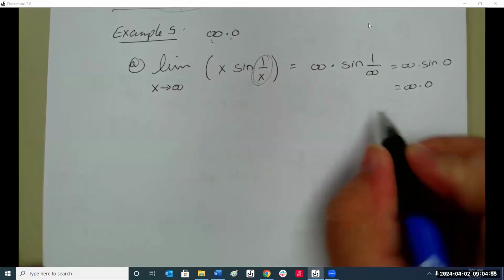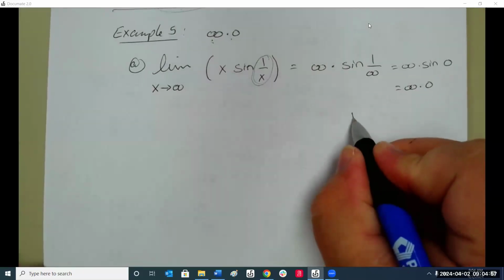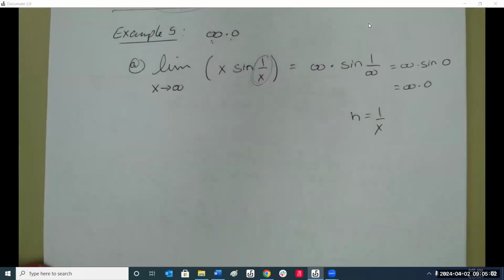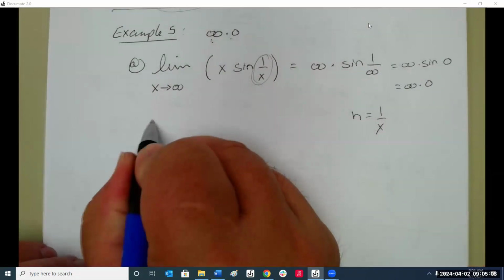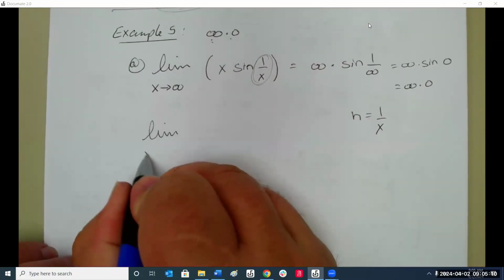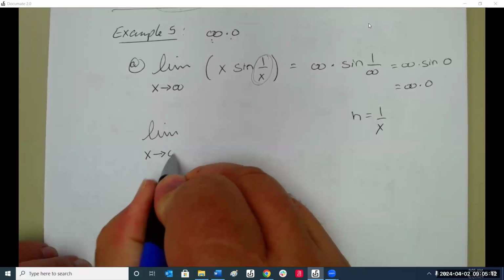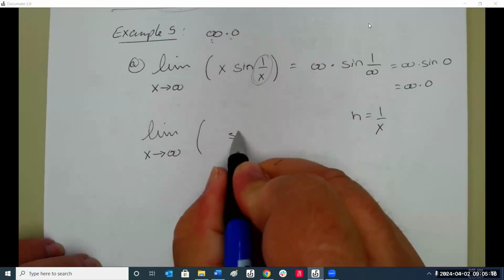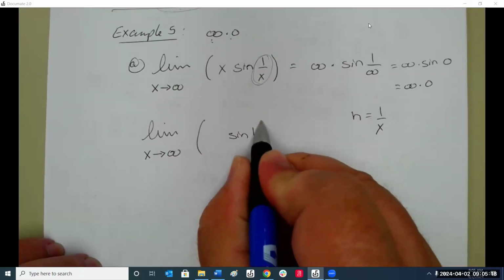So let's say that h is equal to 1 over x. So we have sine of h.